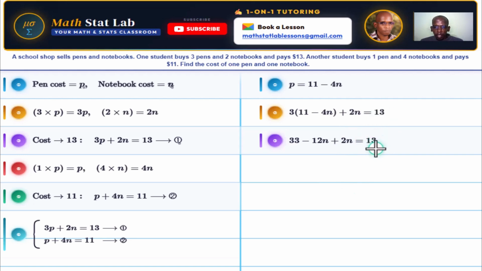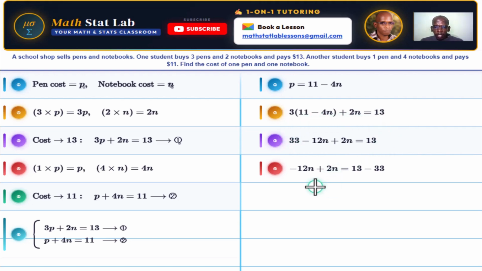And then from there, I just need to group the like terms together. Here we have negative 12N, then plus 2N. And then I move this 33 to the other side of the equal sign. Because it was positive on one side, it will be negative on the other.